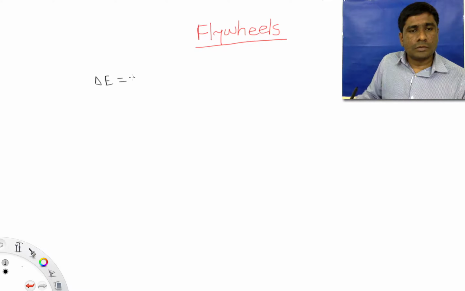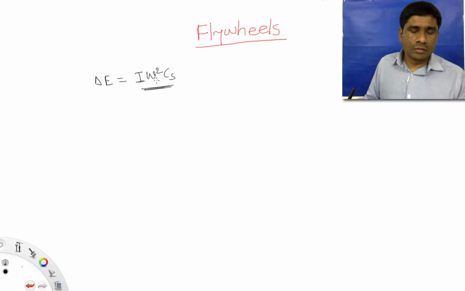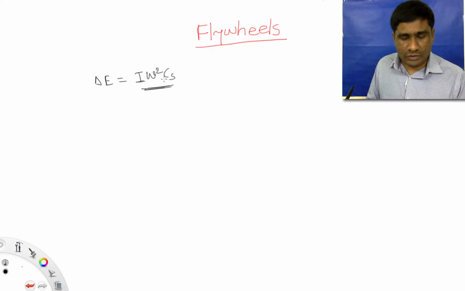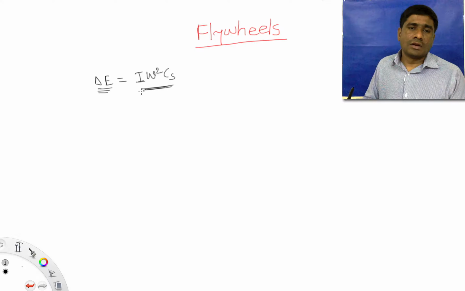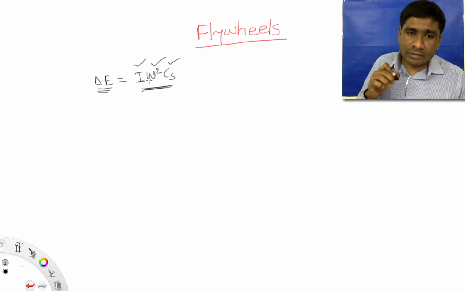This is the omega square and the Cs. So if the moment of inertia and the mean angular velocity, and the coefficient of fluctuation of velocity are given, then it's very easy to calculate delta E. But most of the time, instead of giving these terms directly, he simply gives some turning moment diagrams.